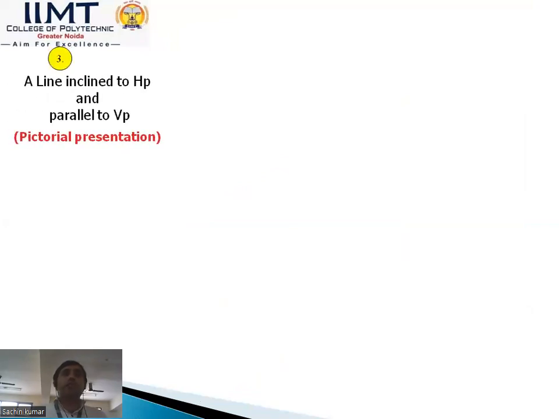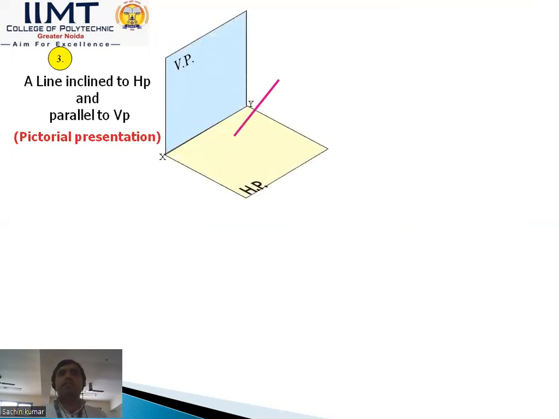The third case we discuss is a line inclined to HP and parallel to VP. Line AB is inclined to HP and parallel to VP. First, in all line problems we must determine which view gives the true length.